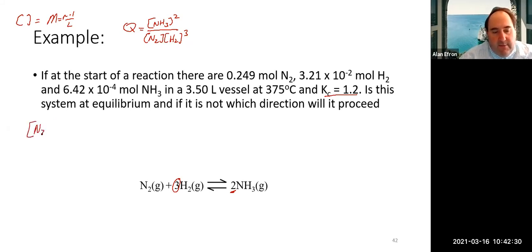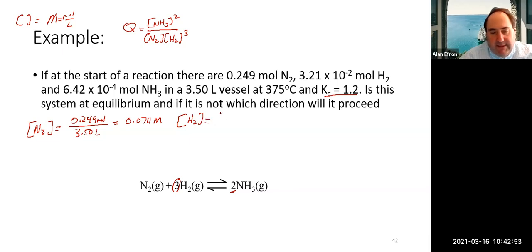The N2 would be the moles that was given to us, which is 0.249 moles. The volume here is 3.5 liters. So that would give us our moles per liter. And looks like maybe you get 0.0711 molar. We could do the same thing here for our H2.